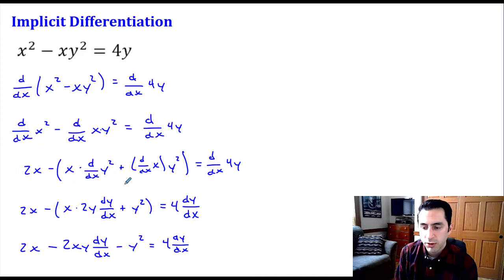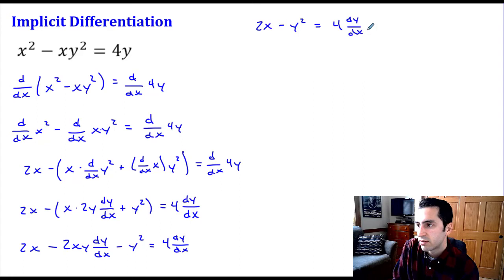Let's get both terms that have dy over dx on the same side of the equation. I'll add 2xy times dy over dx to both sides. That leaves me with 2x minus y squared equal to 4 dy over dx plus 2xy dy over dx.